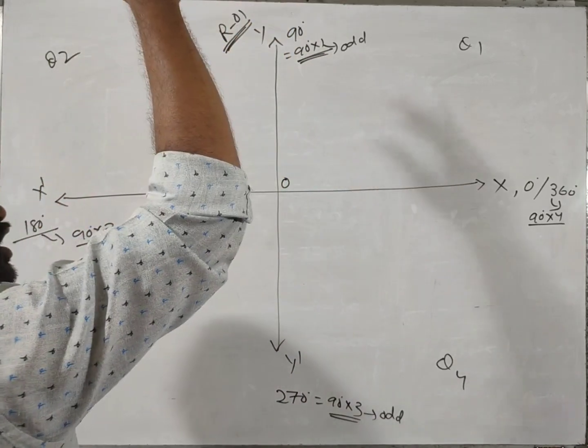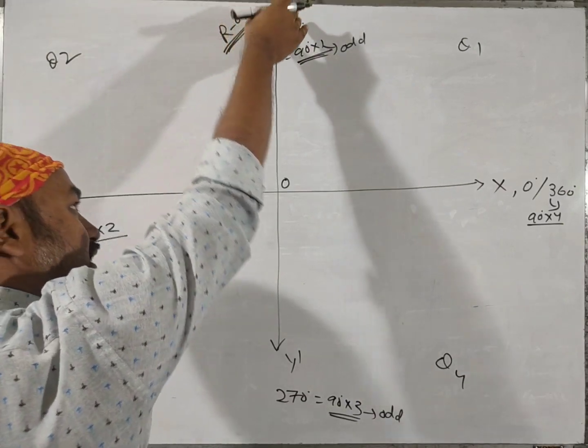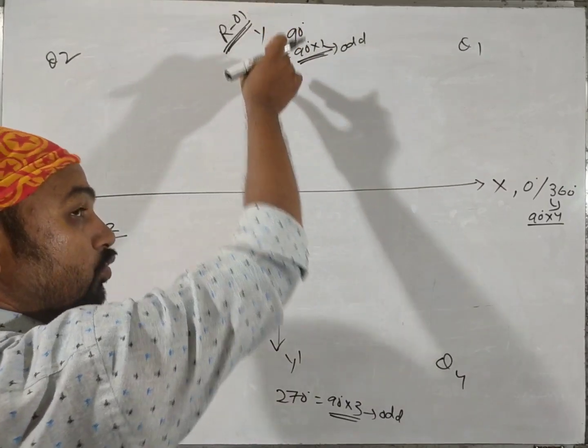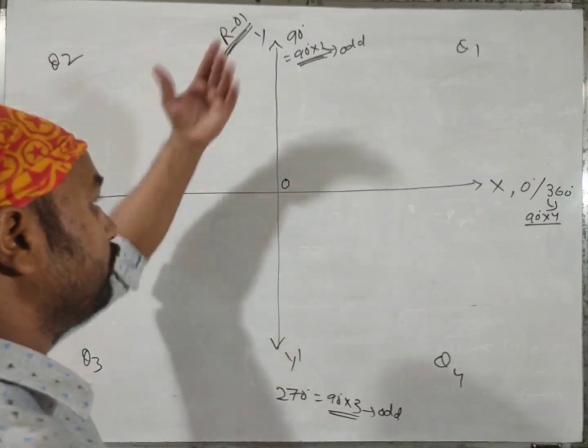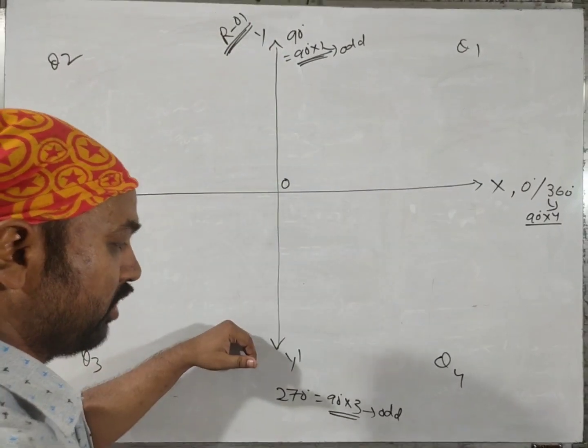That means the trigonometric functions are changed for the angles which are related to the y-axis, whether it is the positive direction of the y-axis or the negative direction of the y-axis.